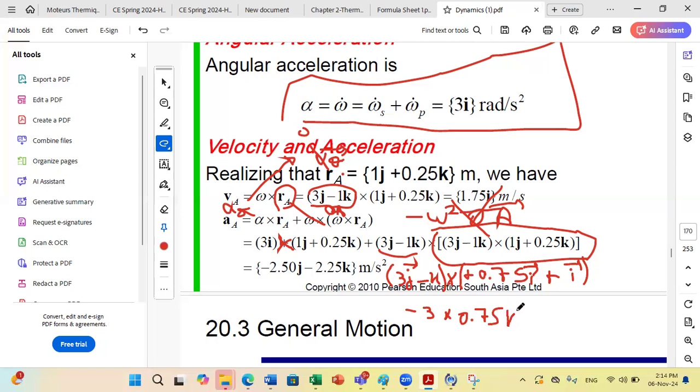j vectorial, here also it's i. Okay, so you will have in total 1.75 i.